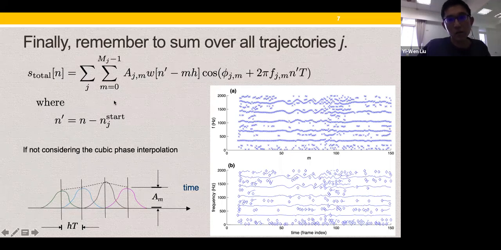I want to give you some freedom. In your coding part, please decide on your own what is the best way in terms of coding to achieve this summation over J. J stands for trajectory. Number one, number two, number three. And each trajectory has different length, for example.